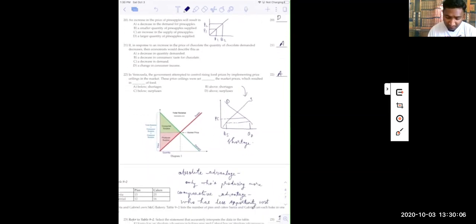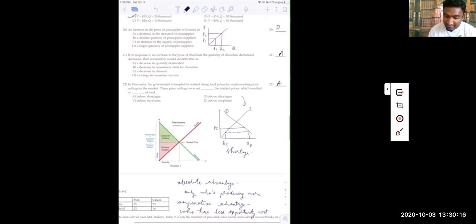Question number 20. An increase in the price of pineapples will result in, so this is again a standard supply curve. As the price increases, the quantity supplied, this is QS, because this is a supply curve. Remember, in demand, when price increases, the quantity demanded decreases along the same curve.